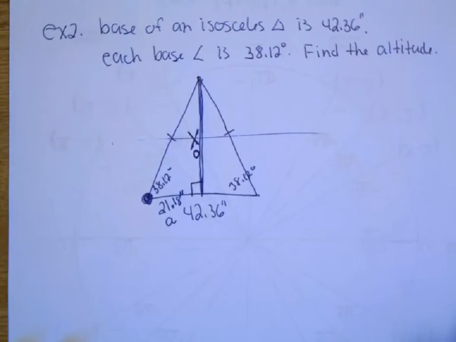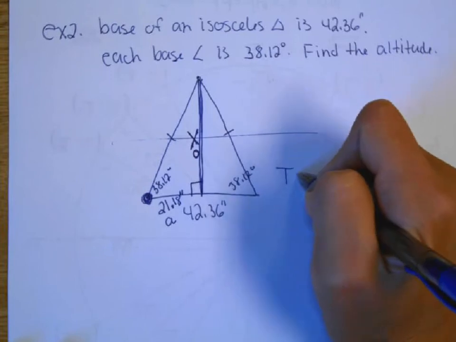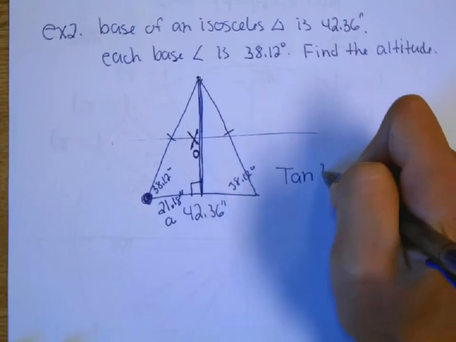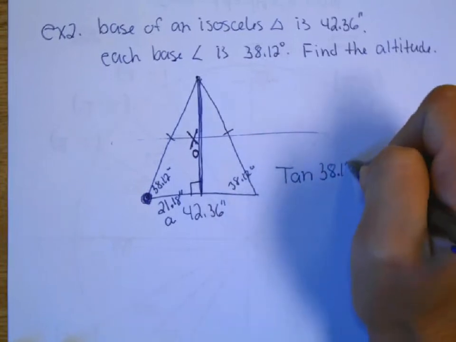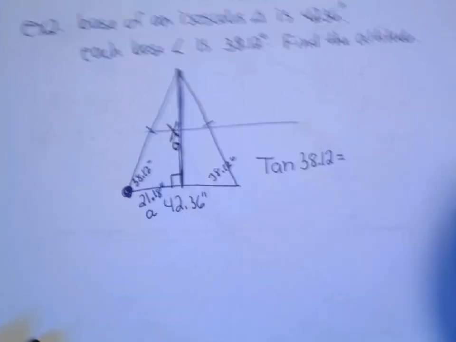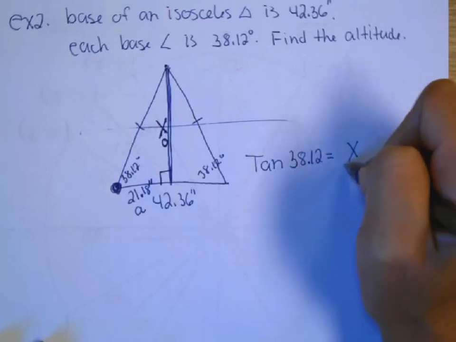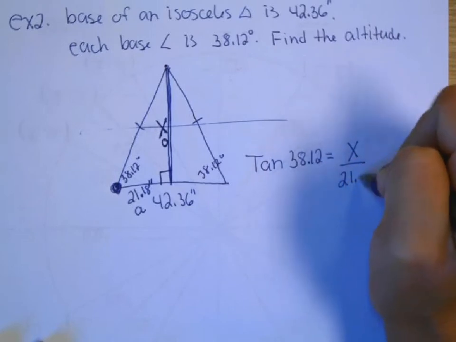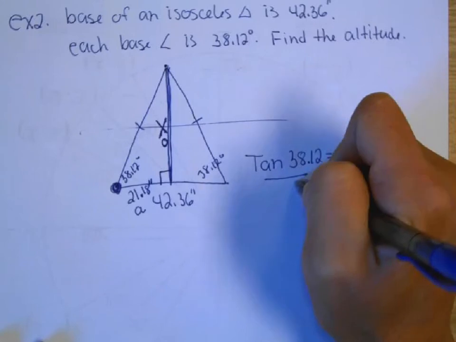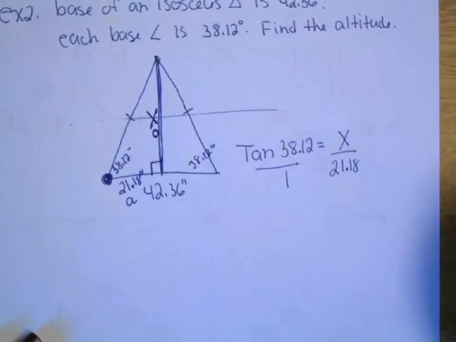Which trig function? Tangent. Tangent of 38.12 equals, how's the ratio going to be? X over 21.18. Pick up your calculators.